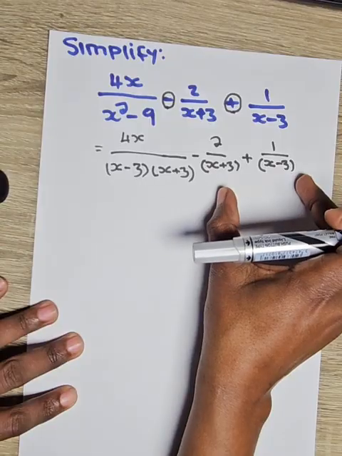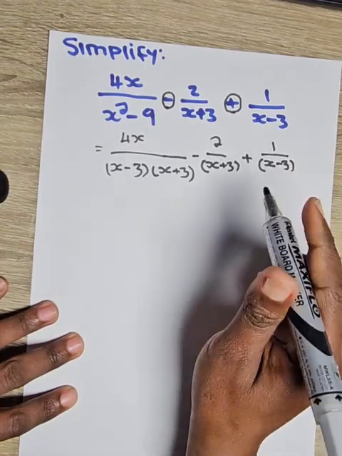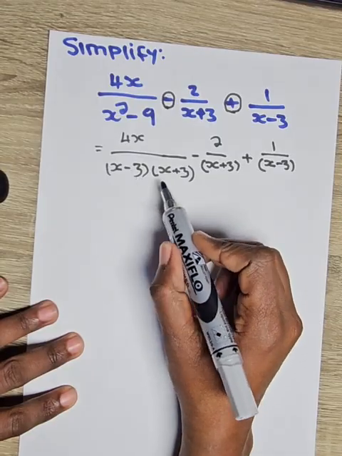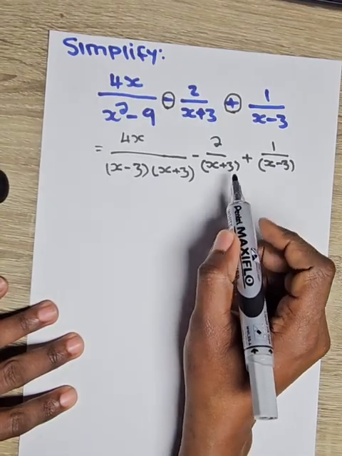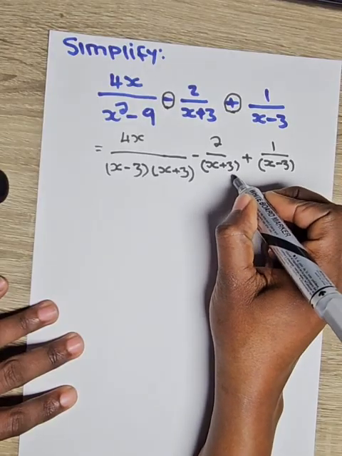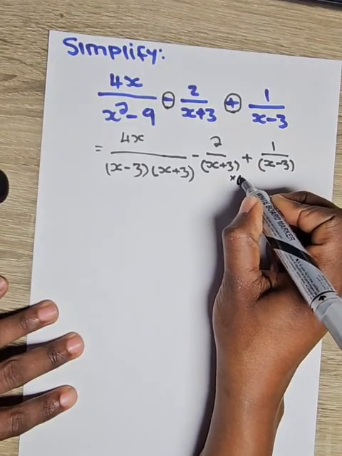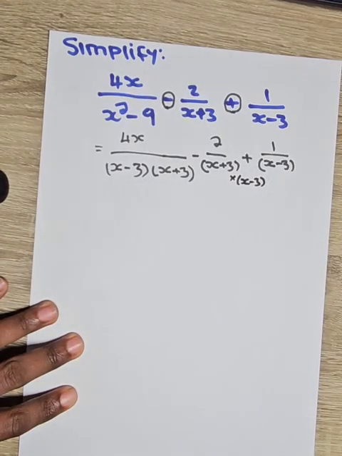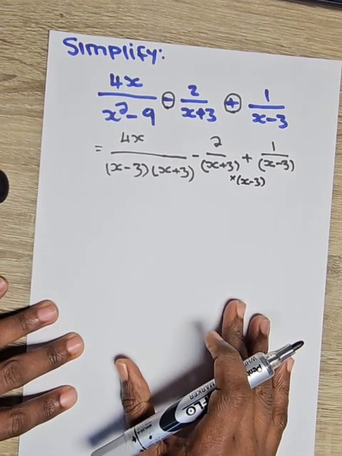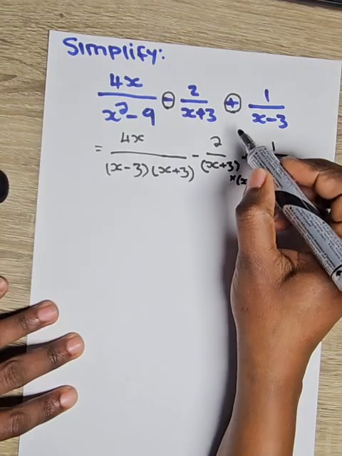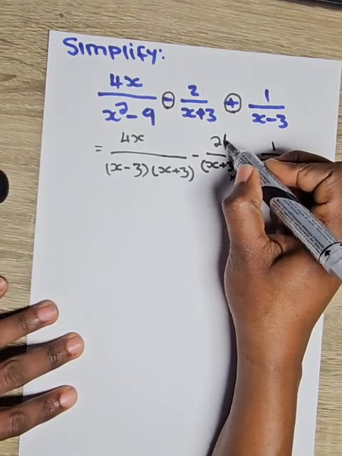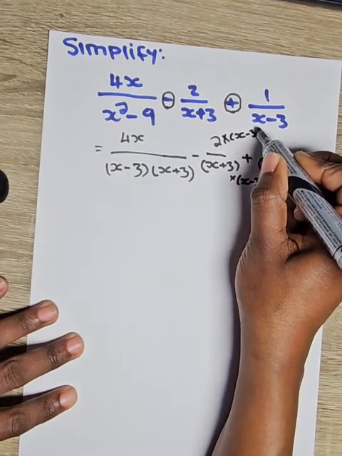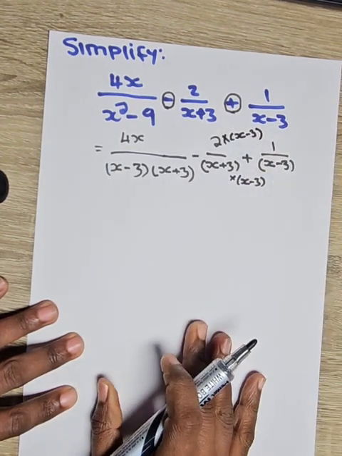In order to change the denominator of the second fraction, the difference is just the x minus 3. We therefore need to multiply by x minus 3. Remember, the golden rule says whatever you do to the denominator, you must do also to the numerator. We therefore multiply x minus 3 on top too.